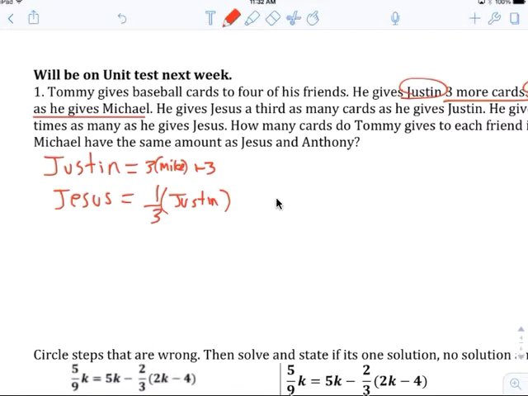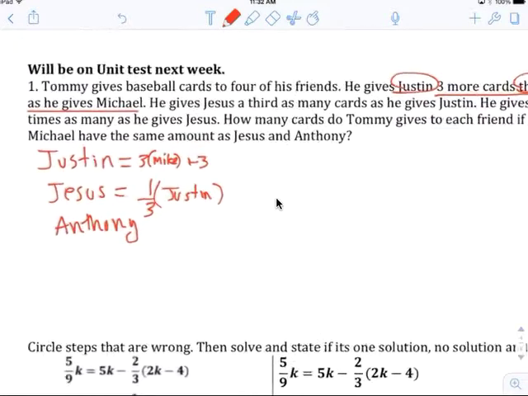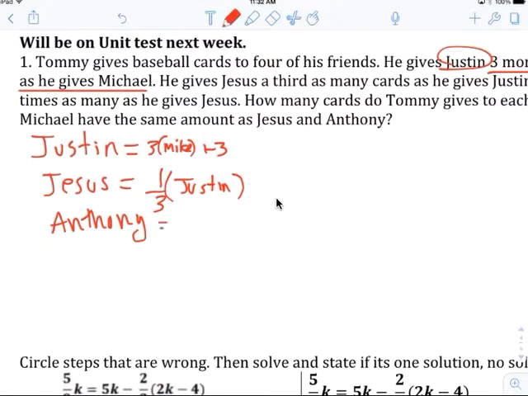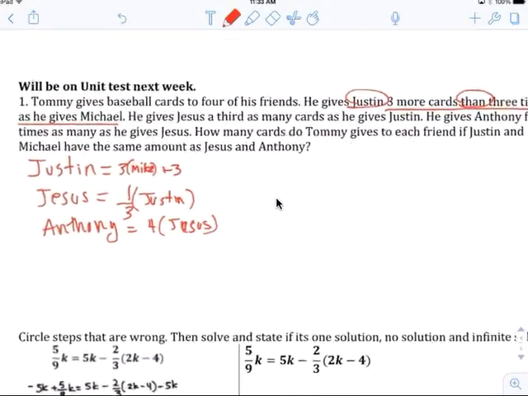Okay. He gives Anthony 4 times as many as he gives Jesus. Anthony is 4 times Jesus. How many cards does Tommy give to each of his friends of Justin and Michael?